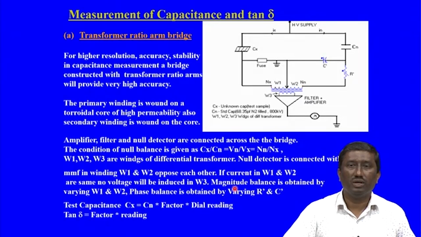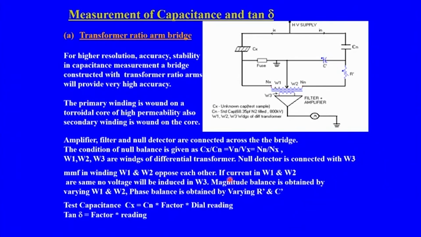So, for this you require to measure the capacitance and tan delta of an equipment or a material for verification. For the capacitance and tan delta measurement, there are several measuring equipments which are being employed. One such equipment is the transformer ratio arm bridge.